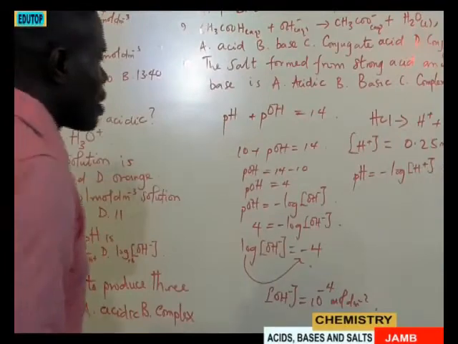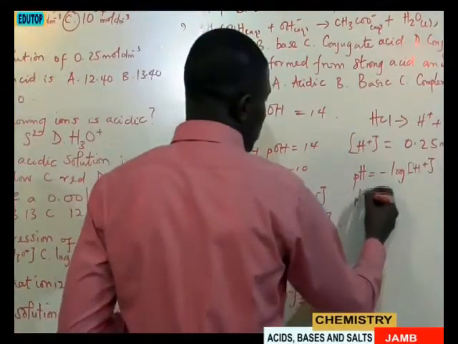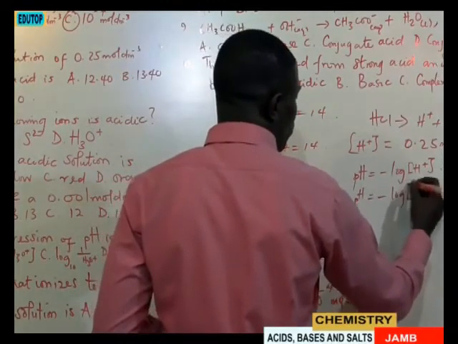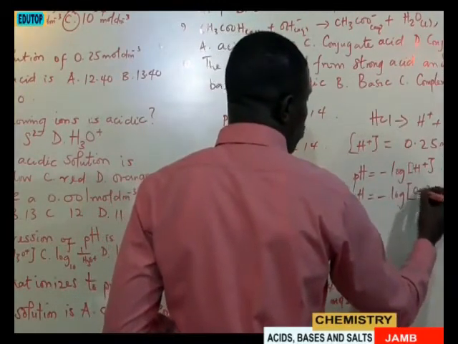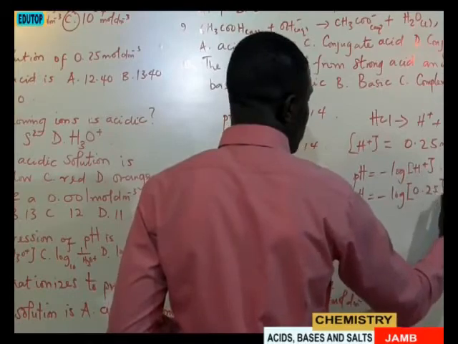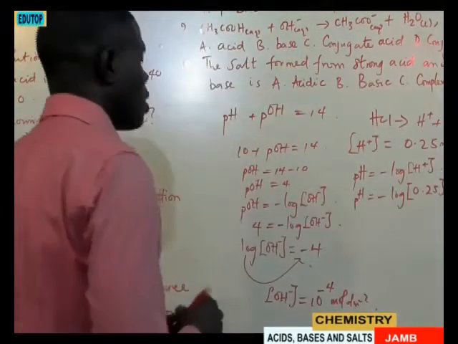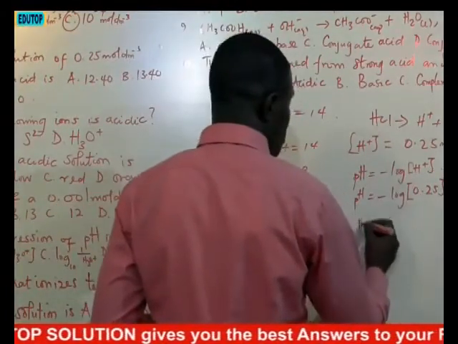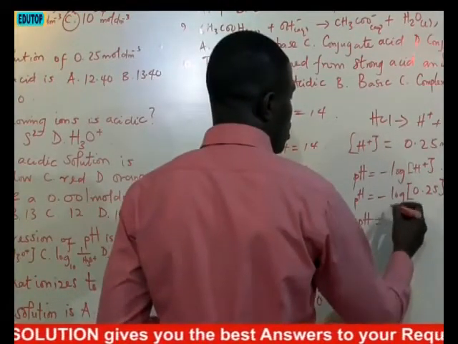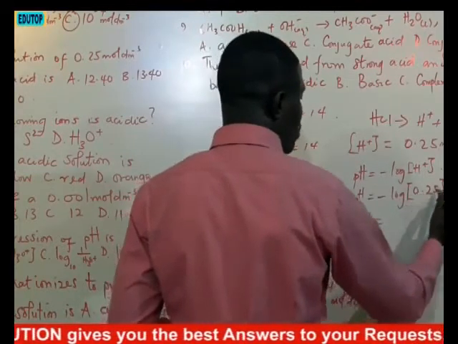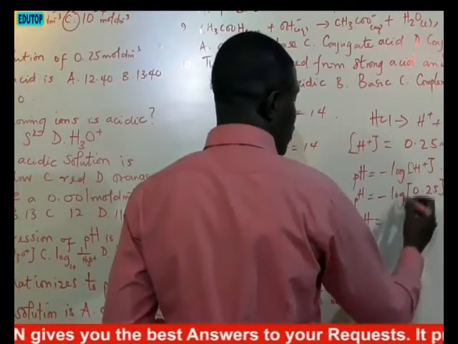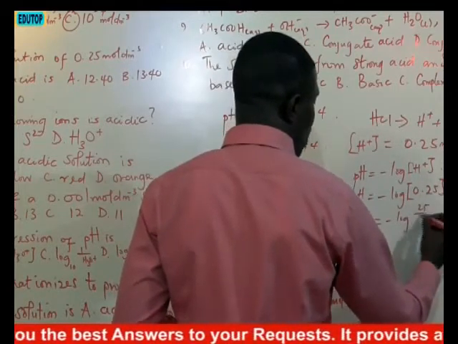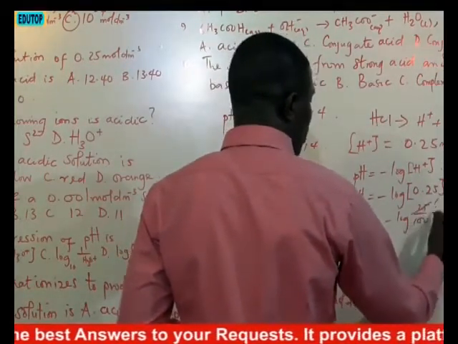But we know that pH is equal to negative logarithm of hydrogen ion concentration. So in the light of that, we can say that pH equals minus logarithm of 0.25. Then that means pH will be, let's say, minus log of 25 over 100. 25 here is 1, 25 here is 4.